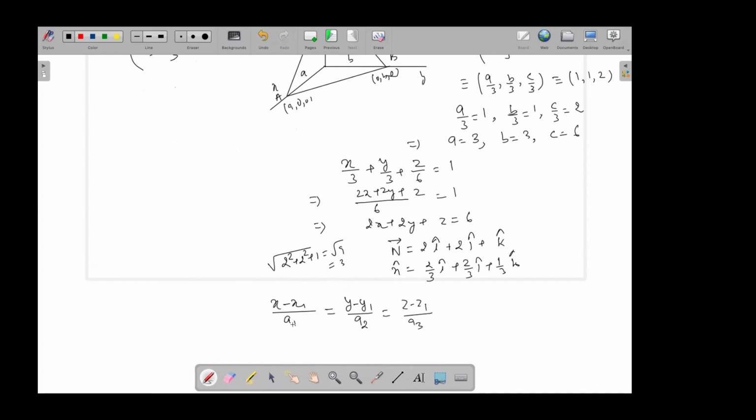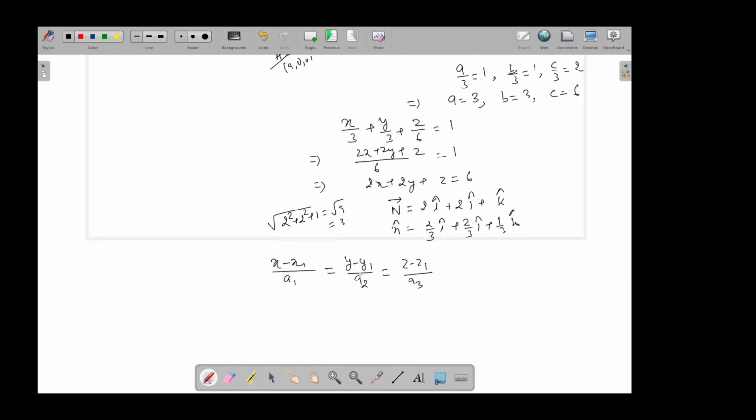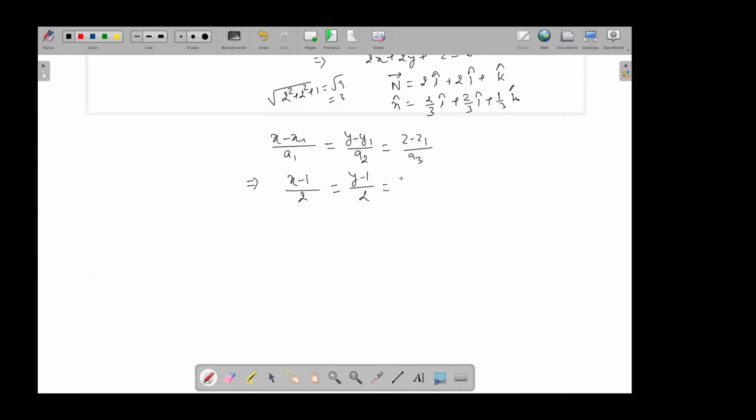So I've got the direction ratios here. This will be x minus 1 upon 2 equals y minus 1 upon 2, since the point is 1, 1, 2, and then z minus 2 upon 1. So this is the equation of the line, and that is all it is. All right, thank you.